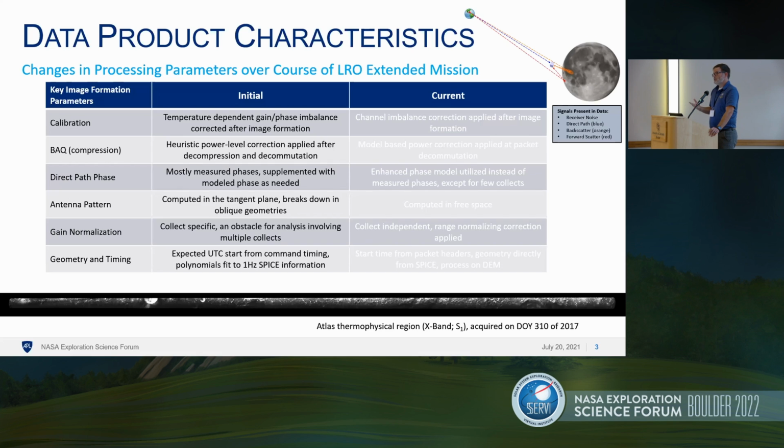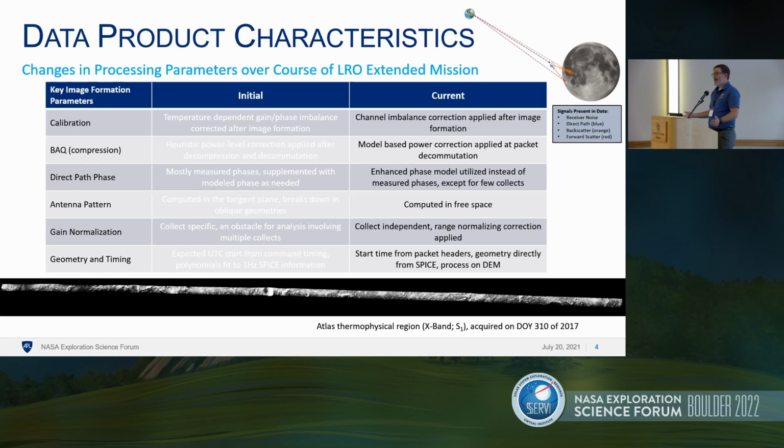We had a number of processes in place that we thought were going to give us good quality data. And so we had to start looking at those processes and trying to break down where we had some discrepancies that would allow us to create the kinds of quality images we were getting at S-band previously. And we have gotten to that point. Now we've had to make a number of changes.